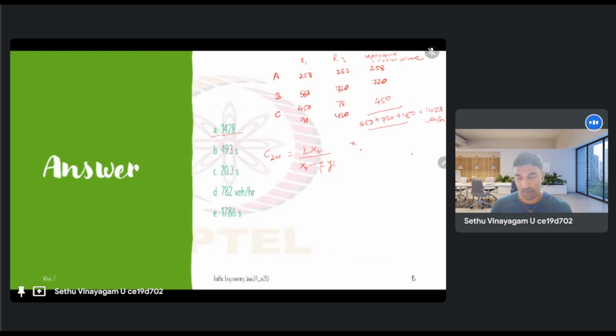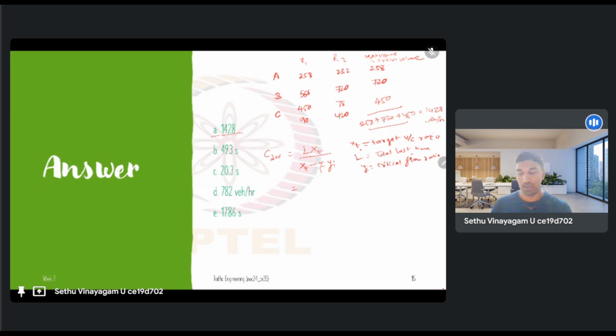So xt is equal to the target V by C ratio. L is your total loss time, and sigma yi is your critical flow ratio.